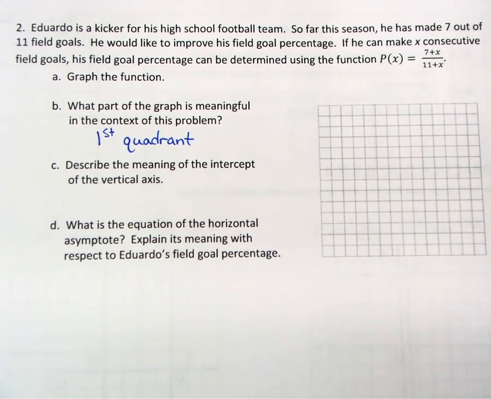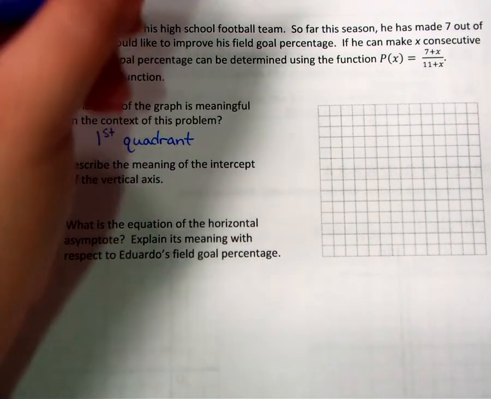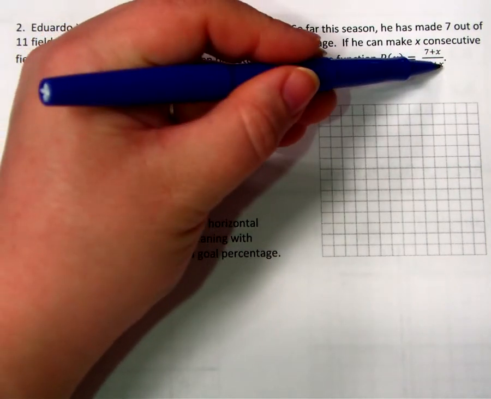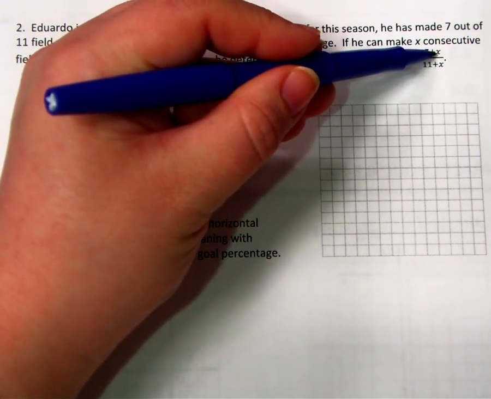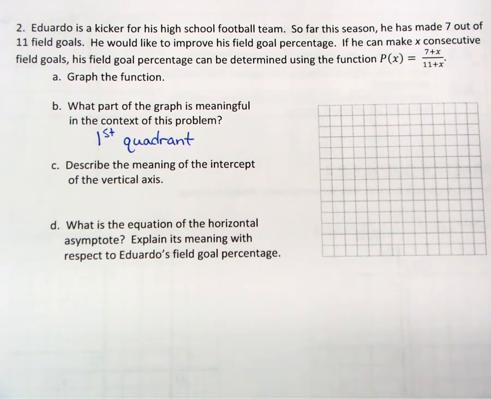Now, when we take a look at this, we need to identify all of our asymptotes. We have the degree on top is 1, the degree on the bottom is 1. When the degrees are equal, we need to look at their leading coefficients for our horizontal asymptotes. So in this case, the leading coefficient of each of these would both be 1. So at y equals 1, there's an asymptote.